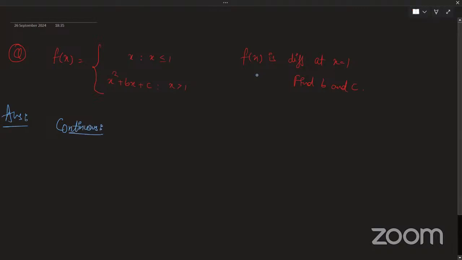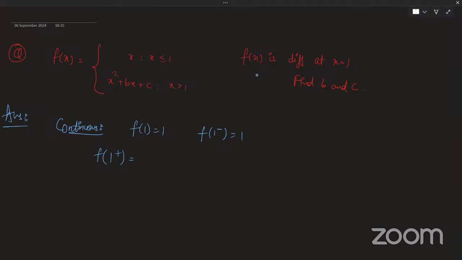So go for the continuity test first. At x is equal to 1, f of 1 is 1, right? And f of 1 minus will also be 1, right? Let us look at f of 1 plus. It is a polynomial, so you can just directly substitute x is equal to 1.